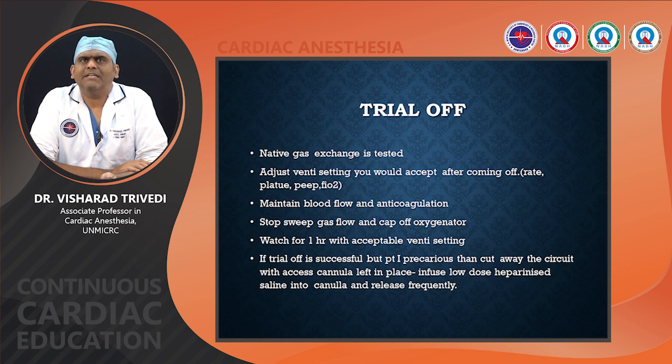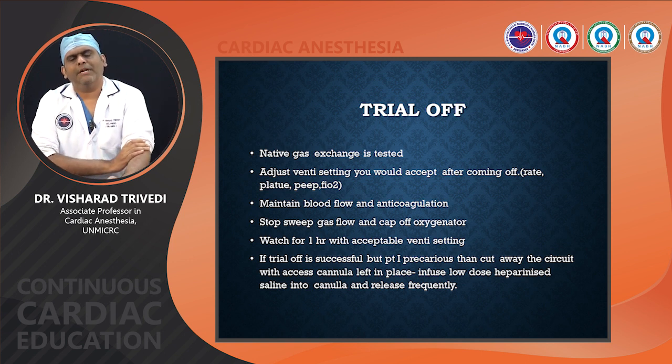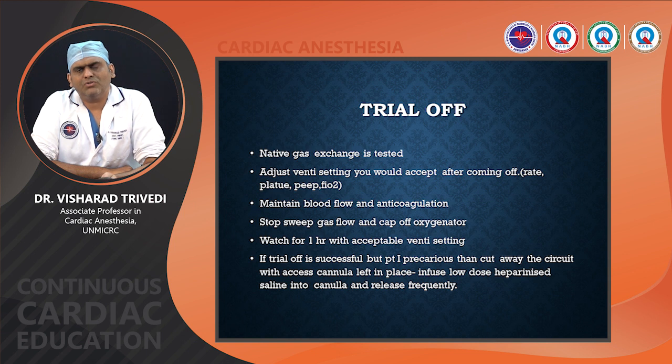Adjust the ventilatory settings you would accept after coming off. Once the Veno Venous ECMO is off, whatever lung protective strategy is there, you please put your ventilation in that setting. Then maintain the blood flow and anticoagulation. Stop the sweep gas flow so that there is no gaseous exchange on the oxygenator side. Wait for 1 hour and again do an ABG.